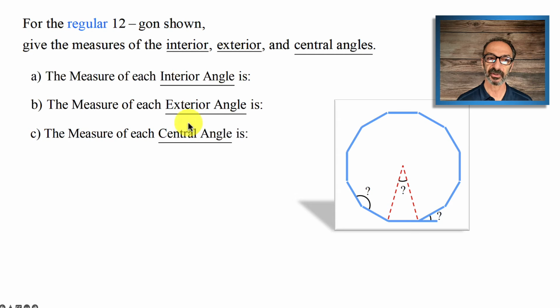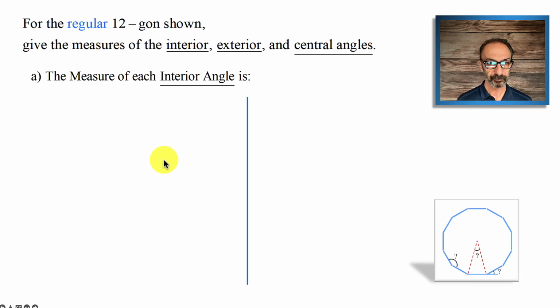The interior, exterior, and central, one by one. Let's start with part A. We want this angle. Of course, they are all equal as interior angles because it's regular.